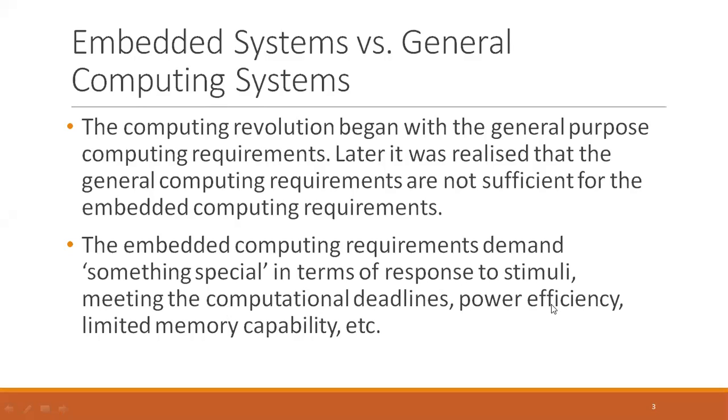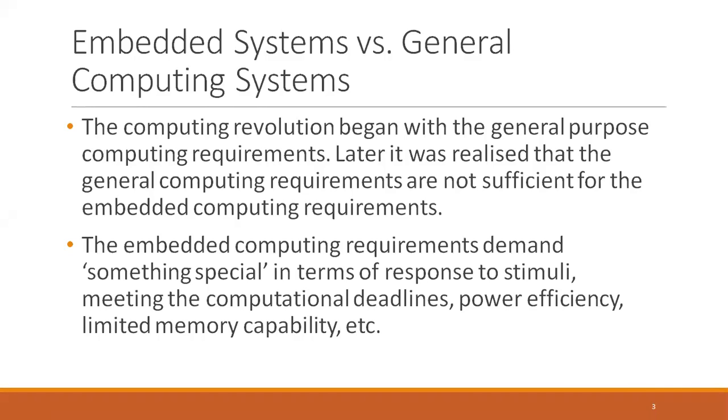And also power efficiency. That is one important aspect of the embedded system, because almost all embedded systems are portable in nature, right? So they don't have infinite power. The size of the embedded system is also very small, so you cannot put infinite power into the embedded system.